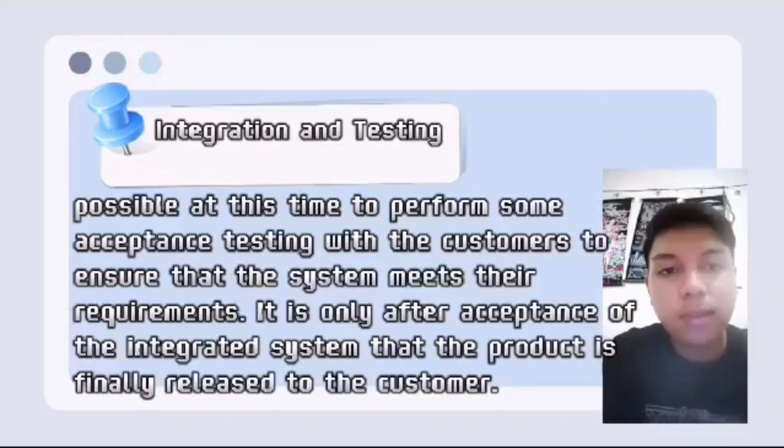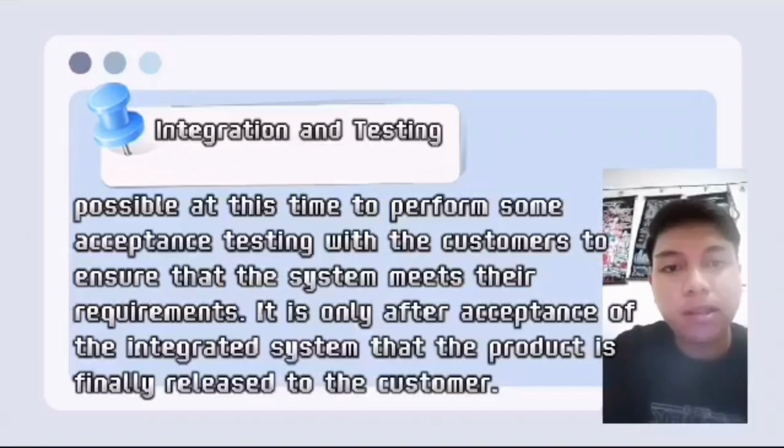Further testing is done to ensure correct behavior and acceptable use of any shared resources. It is also possible at this time to perform some acceptance testing with the customer to ensure that the system meets their requirements. It is only after acceptance of the integrated system that the product is finally released to the customer.